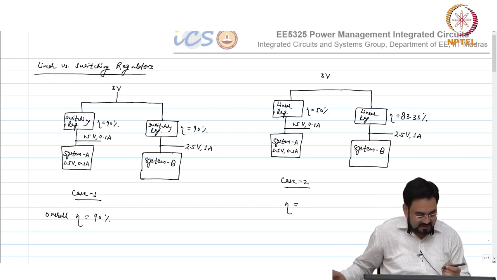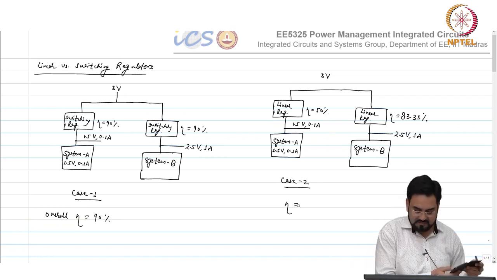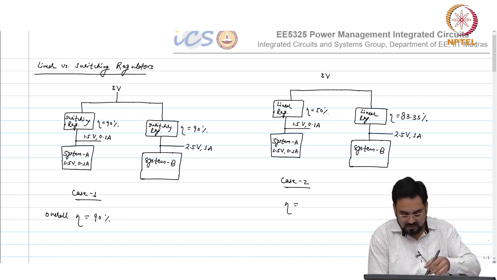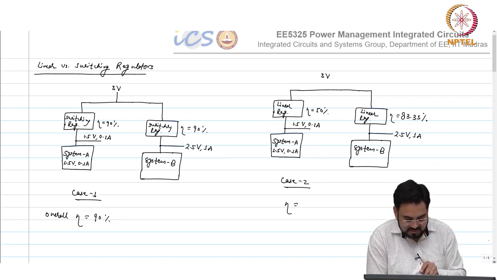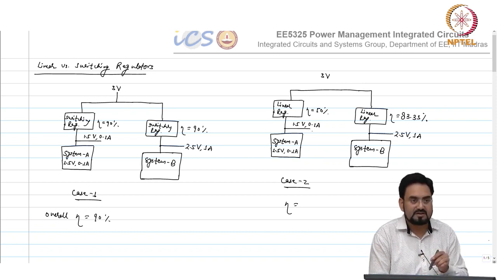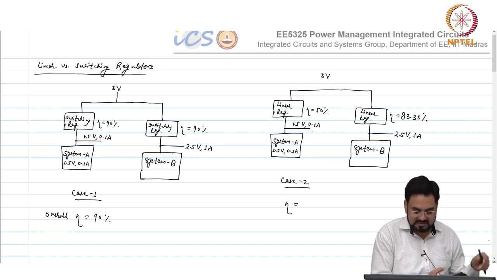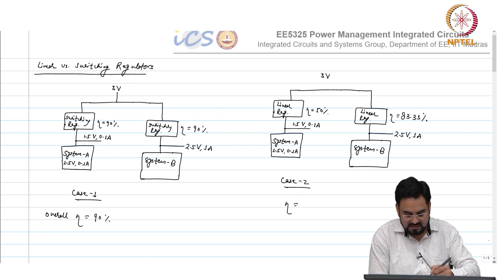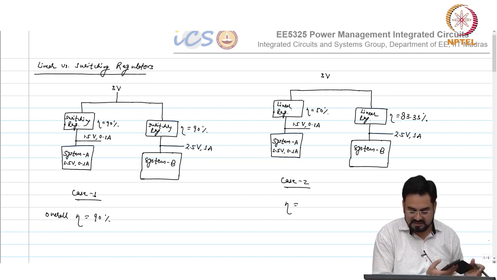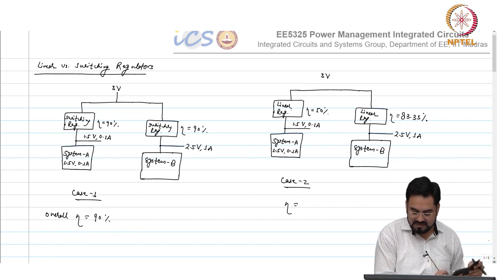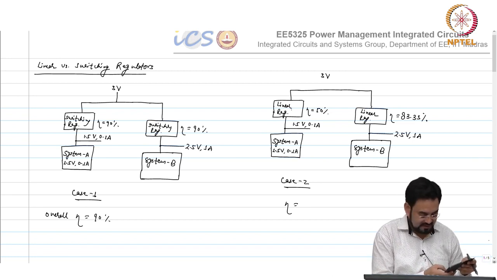So let us see what the total efficiency is here. Here we are losing how much? 150 milliwatt. The total power in this left hand branch is 300 milliwatt, and the loss on the right is 0.5 into 1, so 500 milliwatt we are losing there.